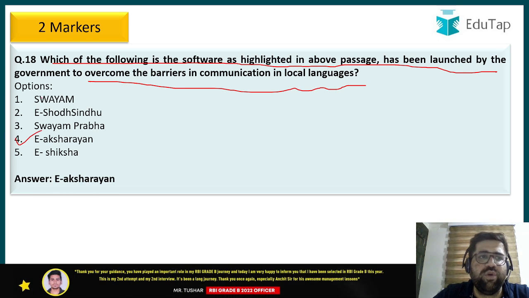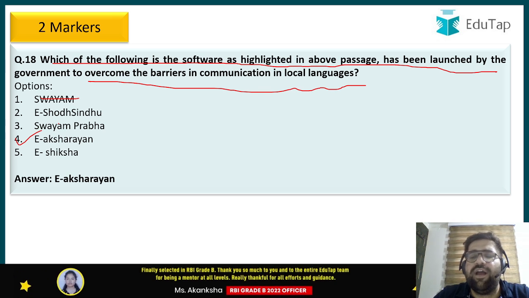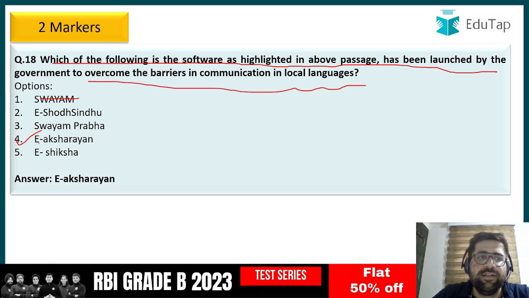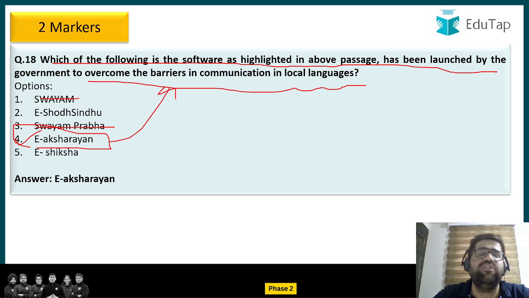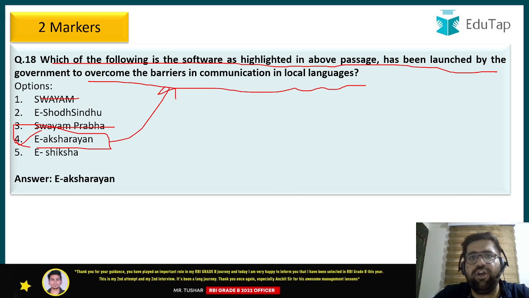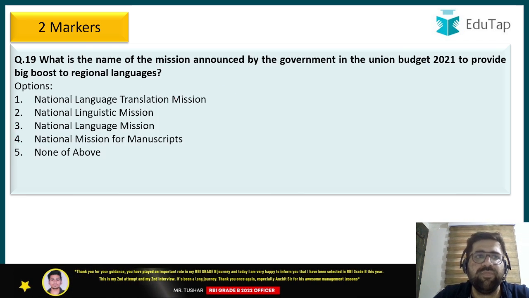Swayam cannot be the right answer because Swayam relates to massive open online courses. Swayam Prabha also cannot be the right answer, as it relates to science and technology. The only remaining option, E Aksharyan, relates to the theme of this question. So a certain type of calculated risk is allowed in your FM paper. Do take it.